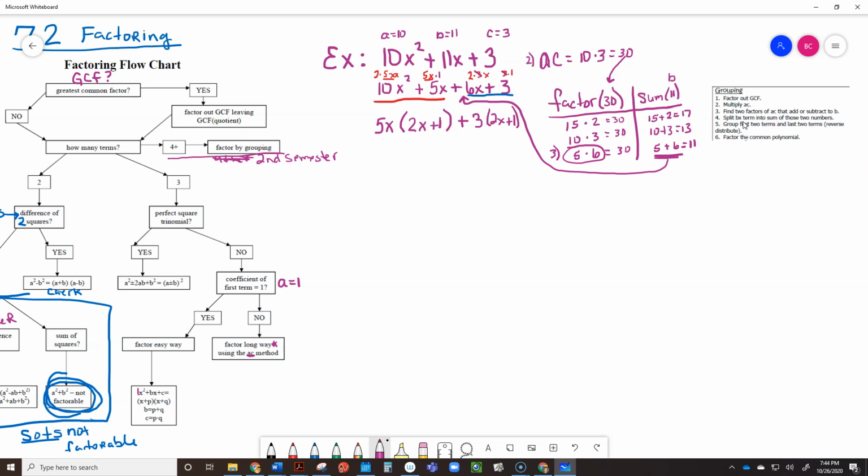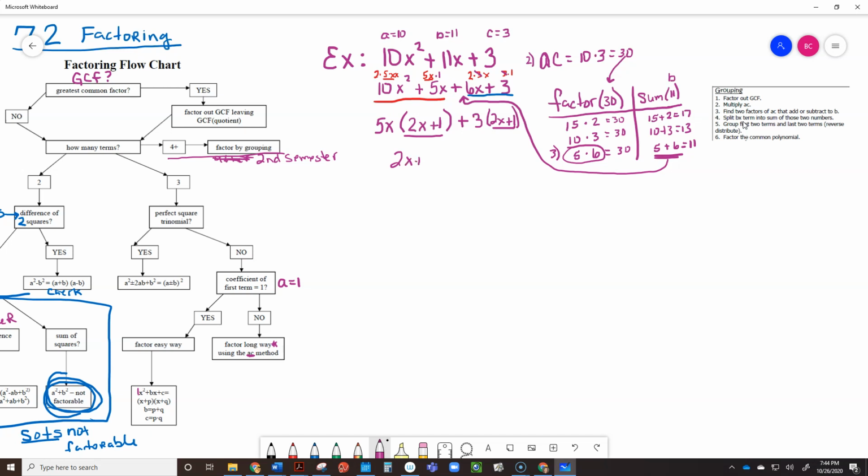Now that I've taken this problem and grouped these two together, factored out a GCF, did these two together, factored out a 3, notice that the part that's left with each one of them is now a common factor. This term is being multiplied by 2x plus 1, and this term right here is being multiplied by 2x plus 1.